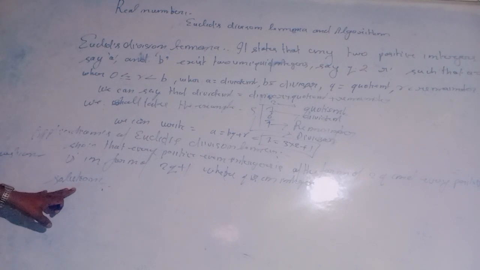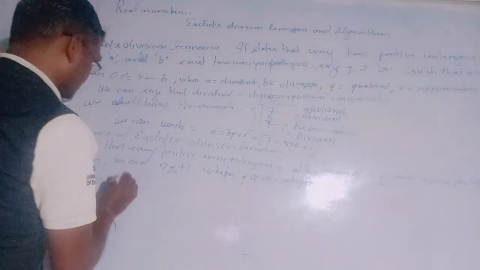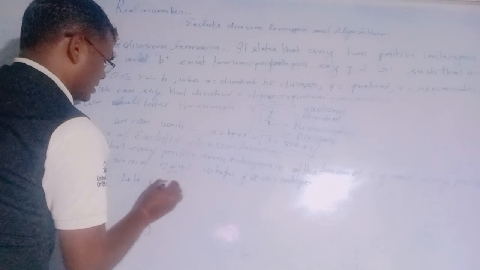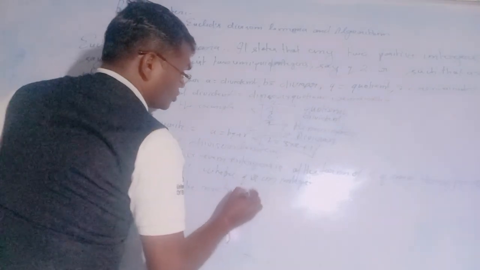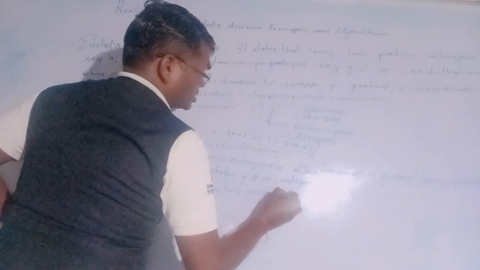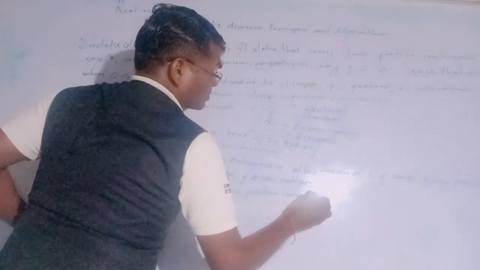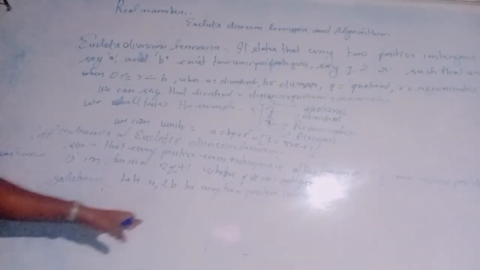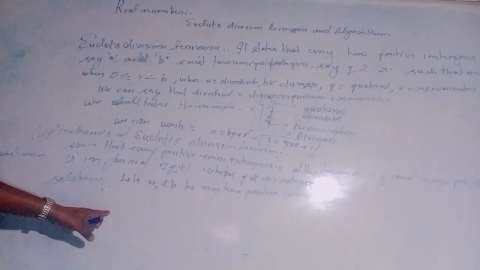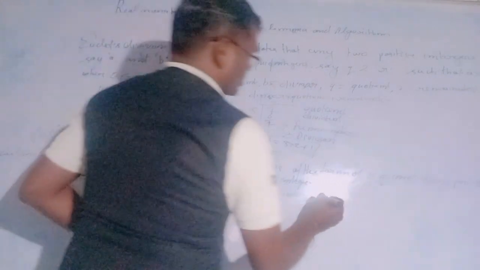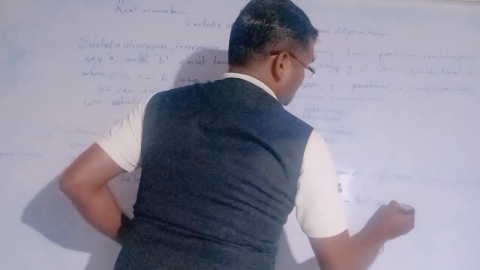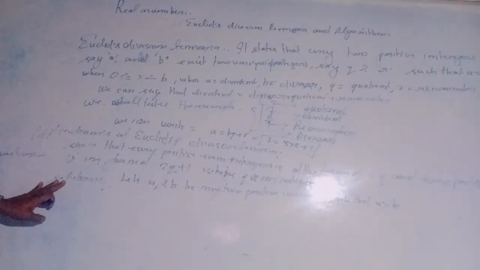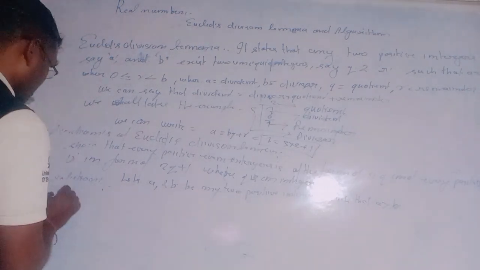Let a and b be any two positive integers such that a is greater than b. Okay, a will always be greater than b.